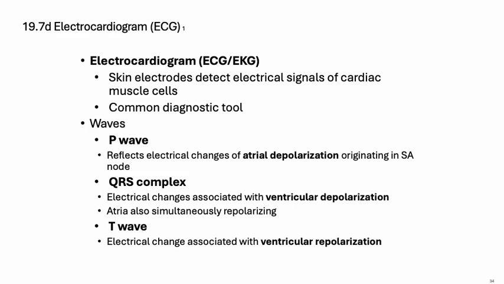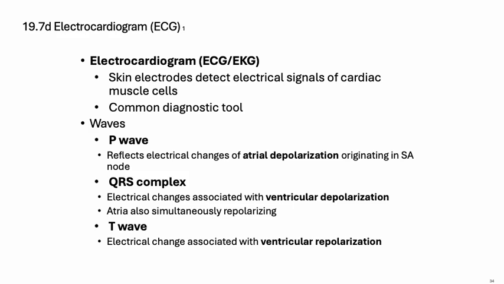So this first one, the P wave, corresponds to atrial depolarization, right? So atria are the top chambers, and then depolarization. Think of this essentially as contraction, right? For all intents and purposes, you can think of the depolarization of the muscle of the heart as the contraction. So this is our atria contracting, right?